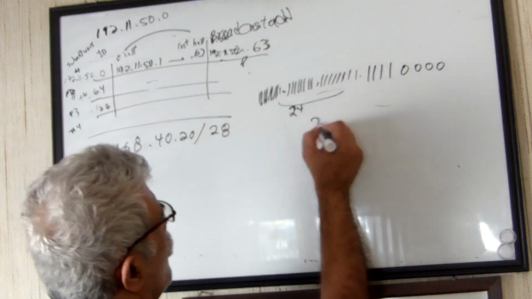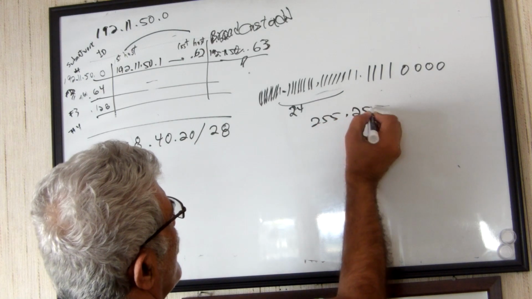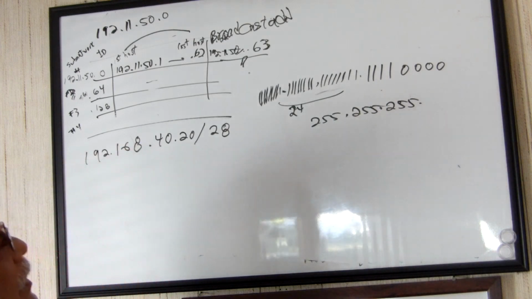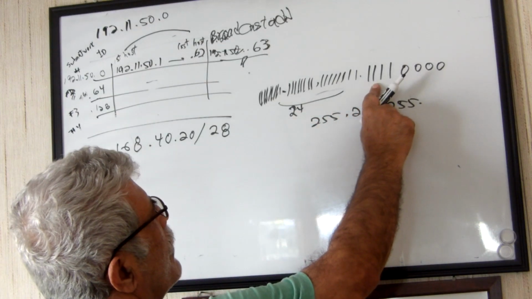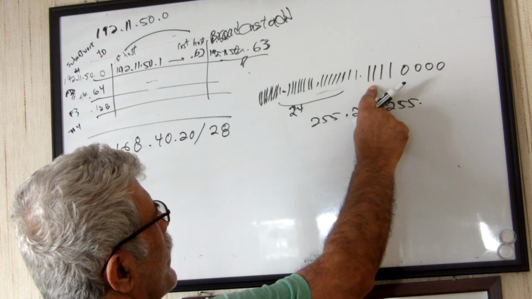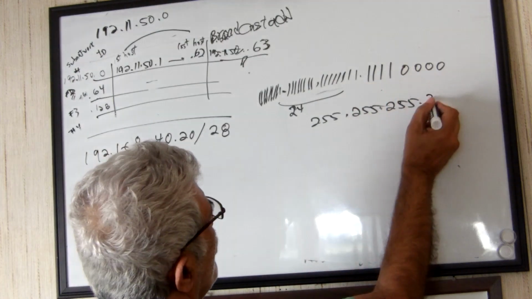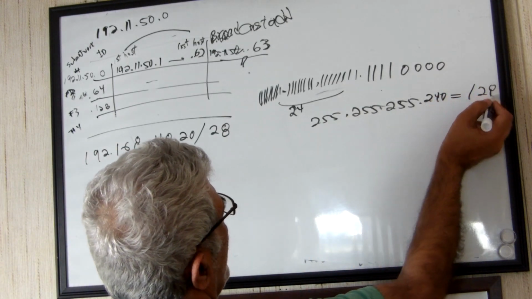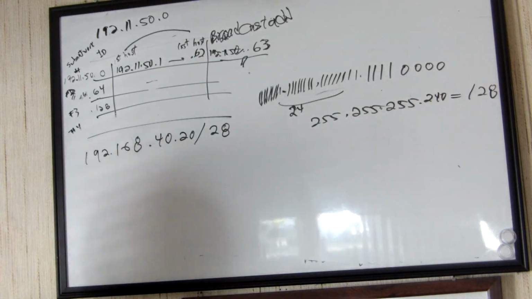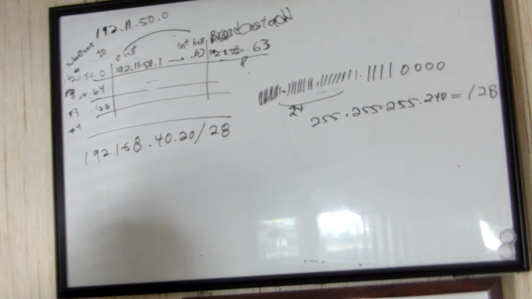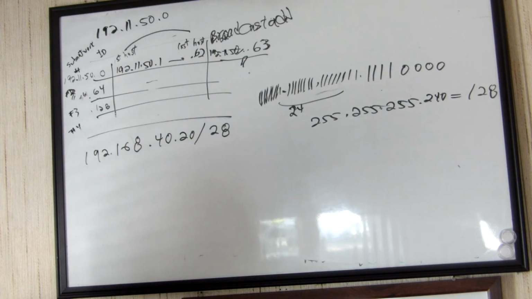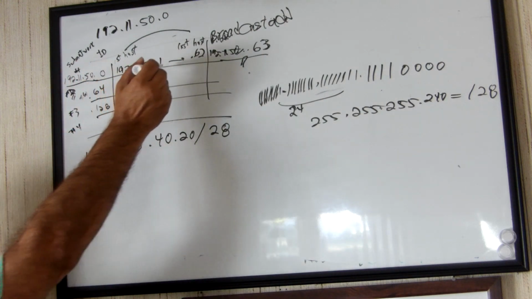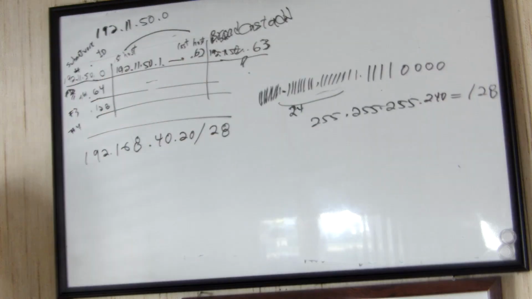They might say 255, and 4 of these is going to be 128, 192, 224, 240. If they give you 240, it is the same as /28. They give you this and they want you to find out the subnet. They give you an IP address, they want this.